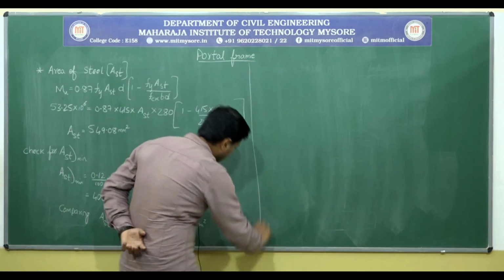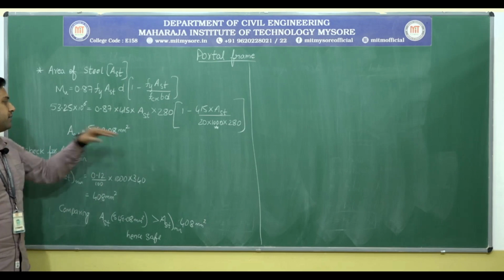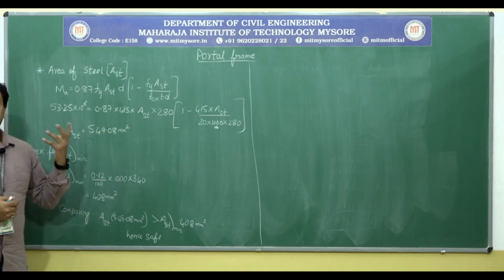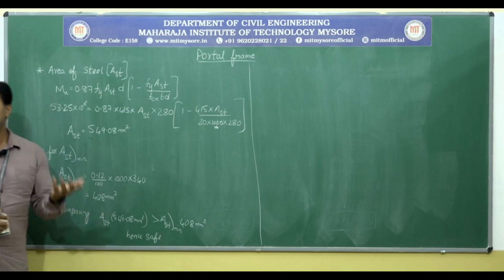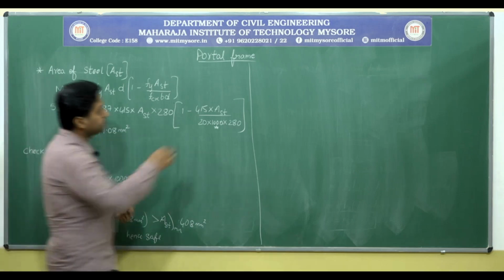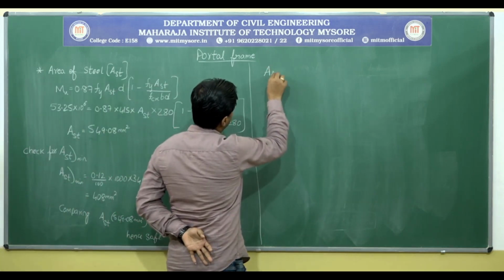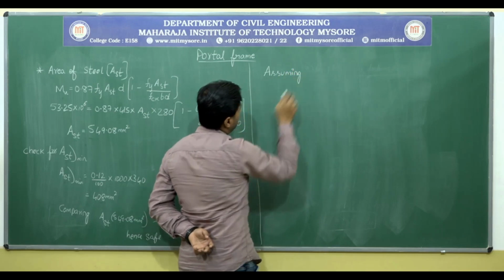So now I have calculated the AST, 549.08. So I want the spacing. If I want the spacing, I need to assume some dia of the bar. So what I will be doing is assuming 12 mm dia bars. You can even go with 10 mm, no problem.